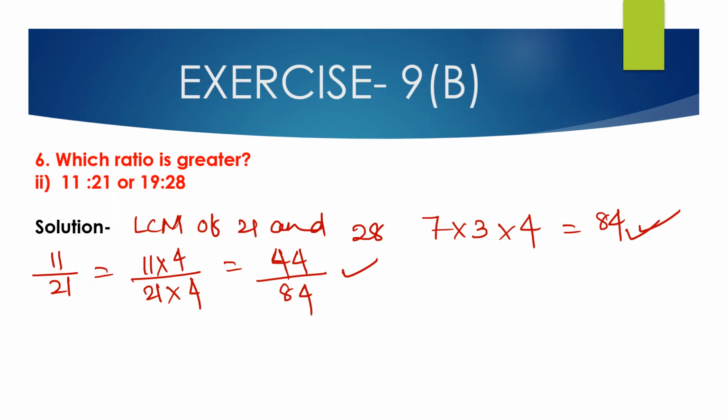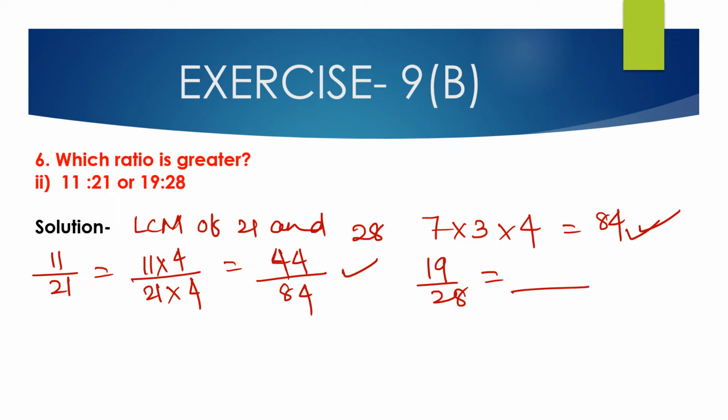Now converting the ratio 19 is to 28, that is 19 divided by 28. Here we equate the consequent 28 to the LCM, that is 84. With which number do we have to multiply the consequent 28 to get 84?